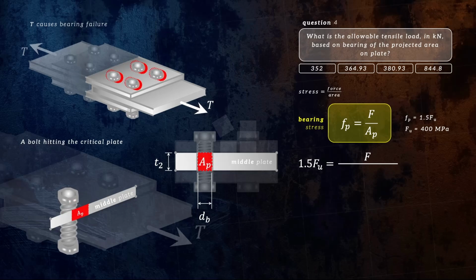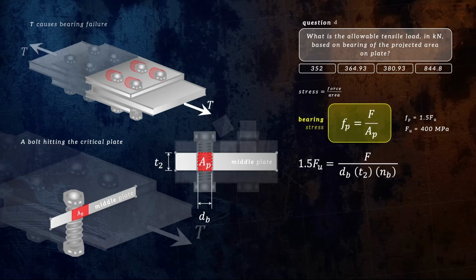Therefore, as mentioned a while ago, our length is dB, or the bolt diameter, multiplied by the width, which is our thickness T2. Don't forget to multiply by the number of bolts involved in our case.